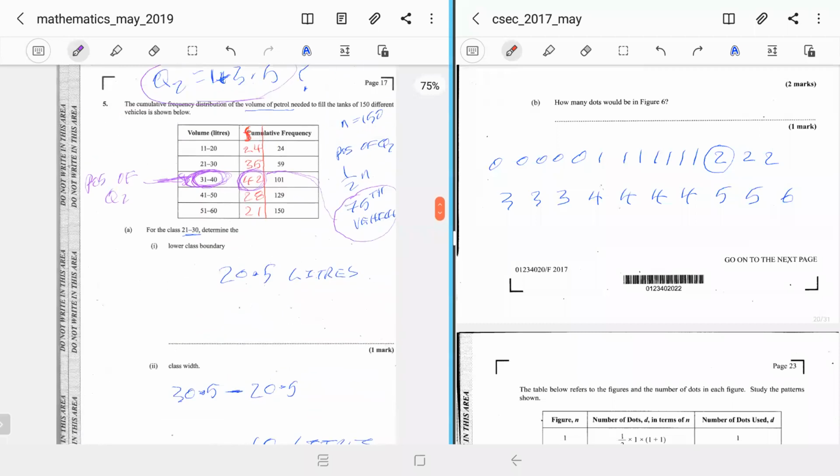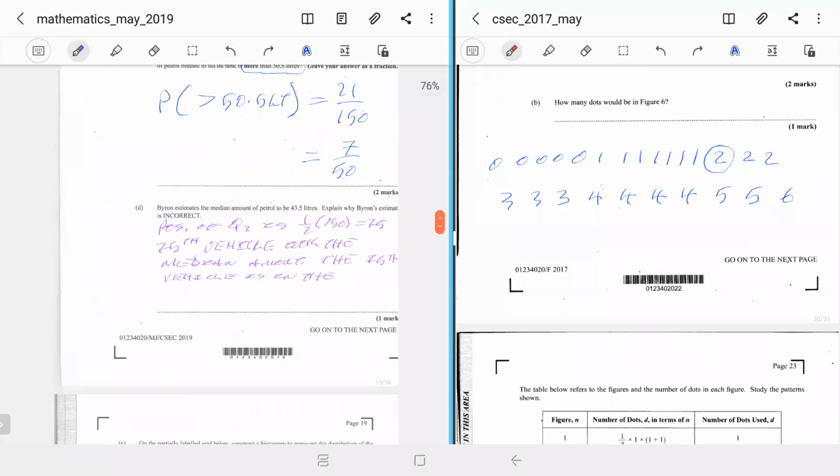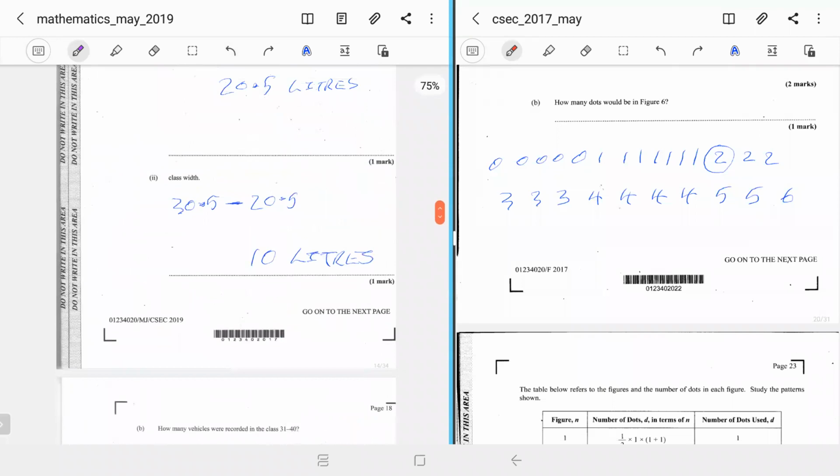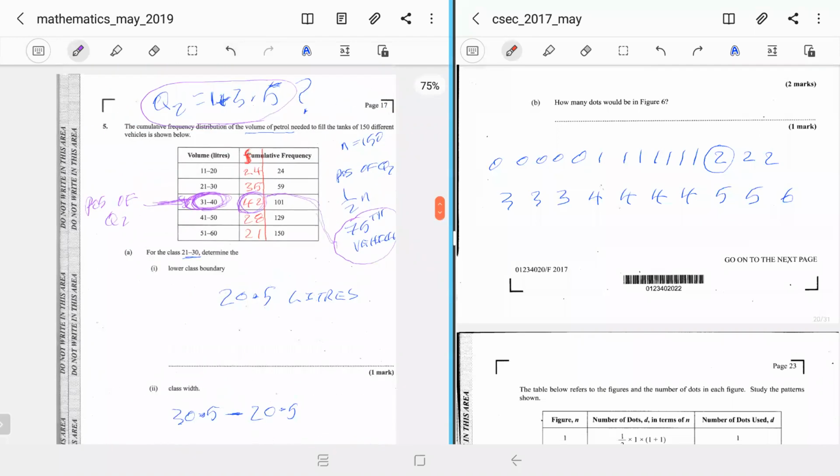I'm able to put the markings up on paper and leave them here. Explain it and show it, to leave the markings. I'm not going to shade it up so much, but still, you understand me? But I leave the markings and show the 75th here, so I write position of Q2 and all of that. The examiner sees what I did.